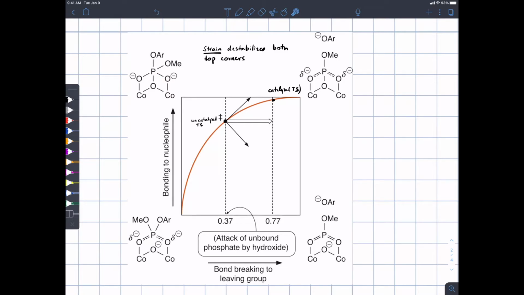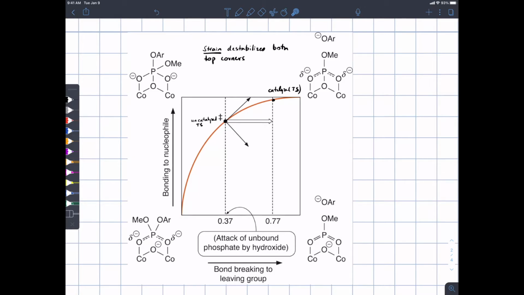I think there are some cases where you do see pentavalent phosphoruses. Okay, at this corner you have the other extreme, leaving group leaves first and without any attack of the nucleophile. And then here is the product where the nucleophile has attacked and the leaving group has left.